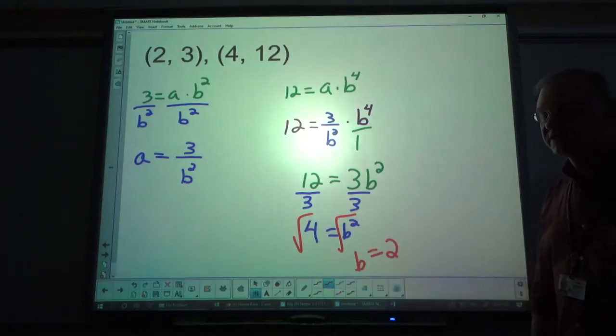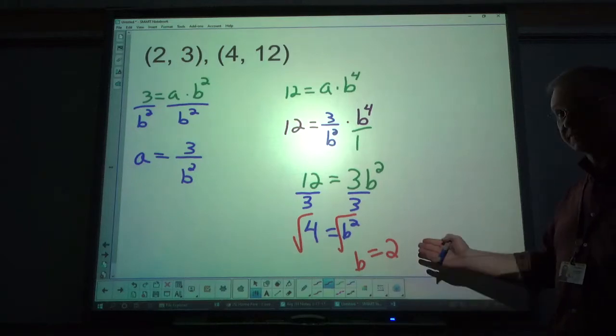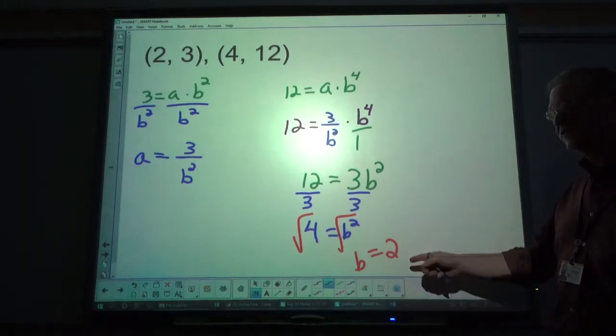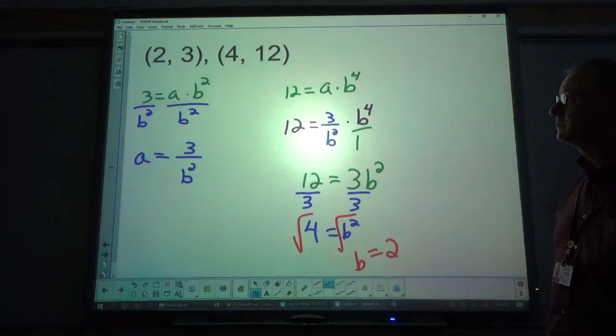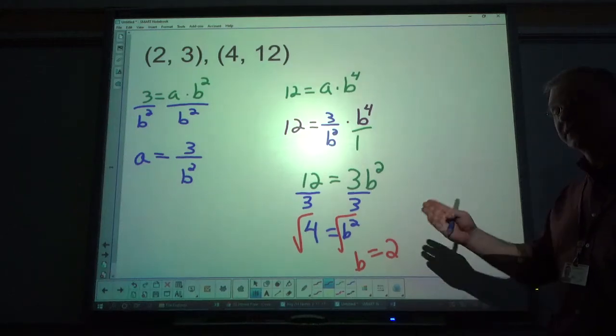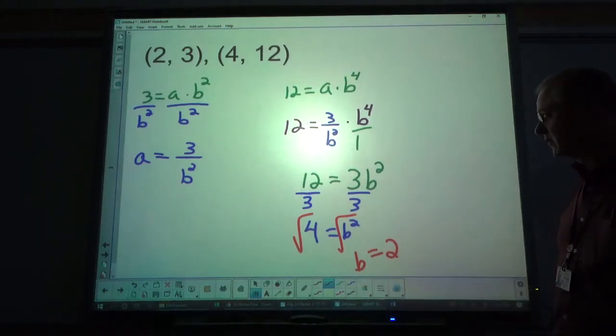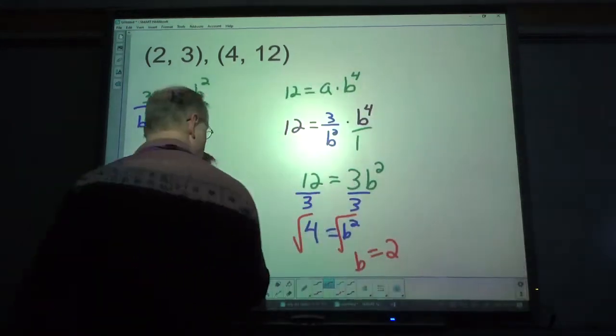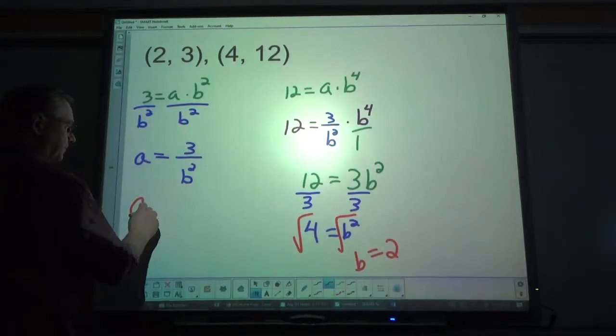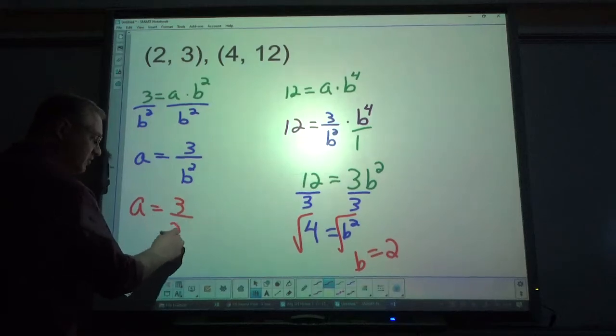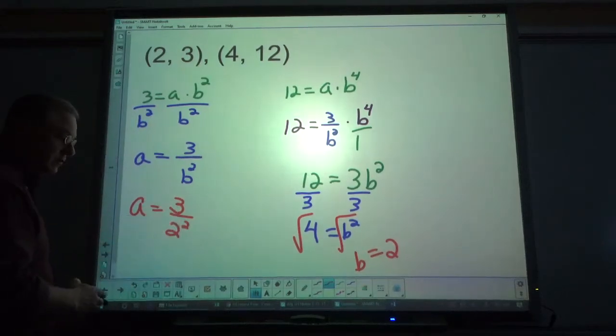Now, I'm not going to use the negative of that. I know I could use plus or minus 2, but I'm not going to use the negative because I'm not going to be having a negative value that is being raised to a power in terms of this function. Otherwise, it fluctuates back and forth and it causes problems. So let's use 2 squared, not just 2.